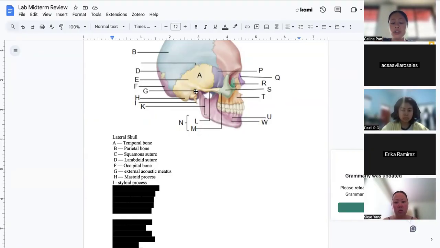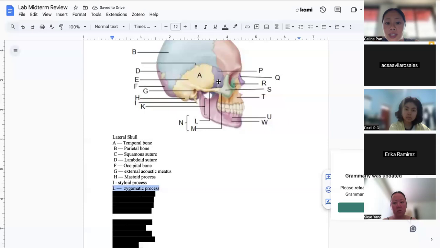This is one of two. This is a zygomatic process. That's true. And then M is the second half of this. What is that called?